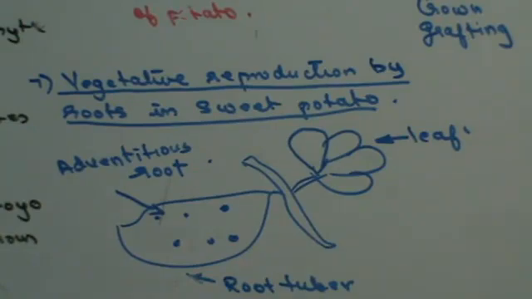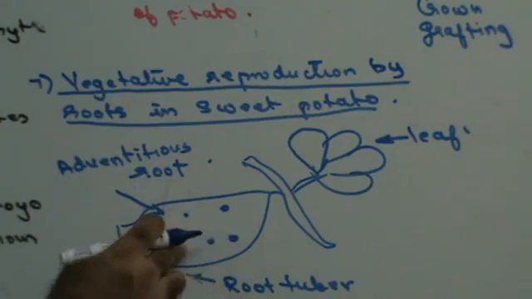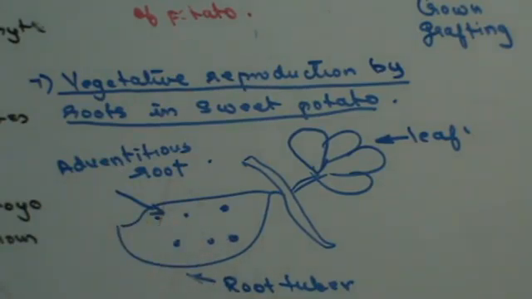Now, sweet potato is a tuberose root developed from adventitious roots, as you can see from here. The stem running on the soil surface has nodes. From each node, adventitious roots grow into tuberose root. Now, the adventitious root is a modification for food storage, right? The root tuber of the sweet potato has a number of adventitious buds. The old tuber gives rise to new plant through its buds called the radical bud. So that's how vegetative reproduction would take place in sweet potato.